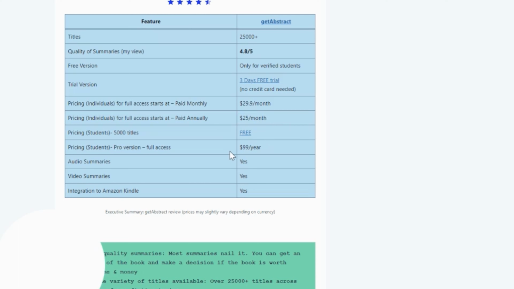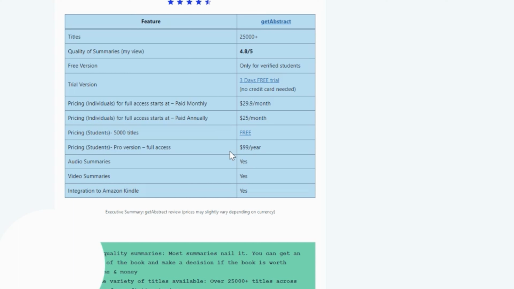There is also a free version for students, and I think this is a brilliant thing to do. As a student, you would have access to over 5,000 titles. That's a lot of books. If you read everything, that's over 50,000 minutes of listening or reading, and that's a lot.